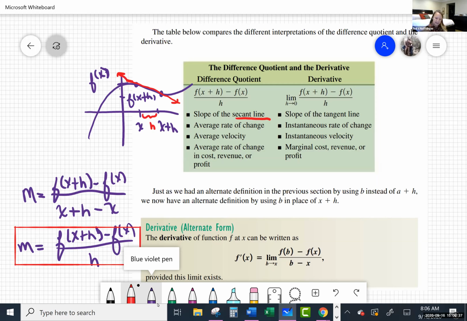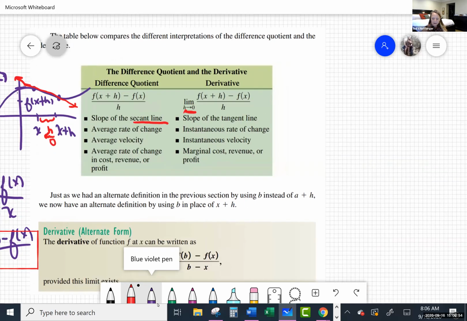So if we took this h value and shrunk it down, made this h value go towards 0 and get very, very small, and this is where we were looking at limits in the past, this gives us the slope of the tangent line. So if we were looking at the graph and we wanted the slope of a tangent line, again, you're making that value of h go to 0.